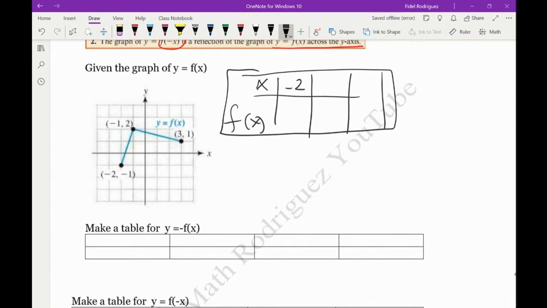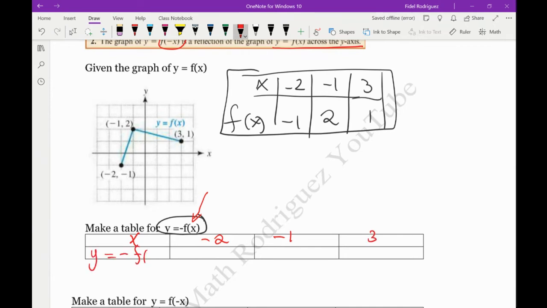When x is -2, y is -1. When x is -1, y is 2. When x is 3, y is 1. Okay. Now, how am I going to make this table here? Notice, nothing changed inside those parentheses. So my x values don't change. I'm going to leave those x values exactly as I saw them.